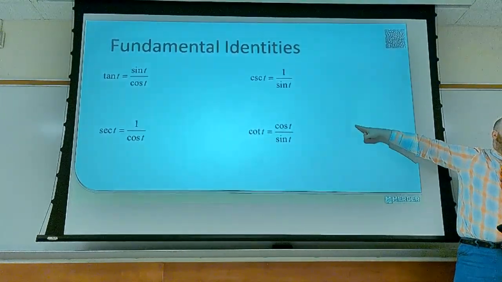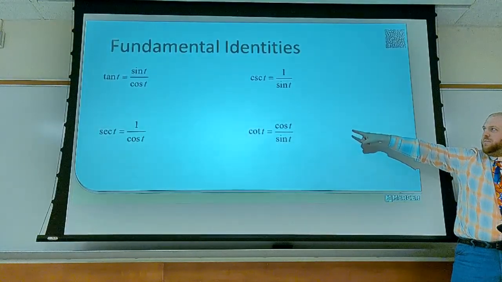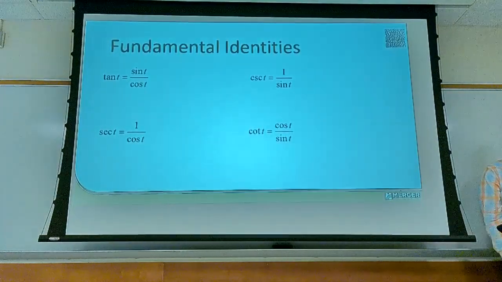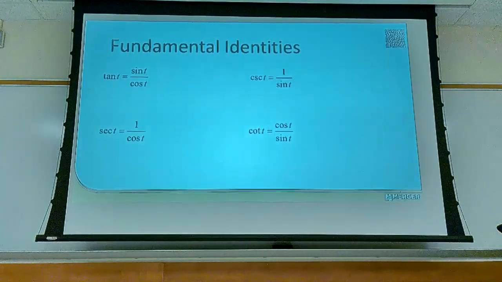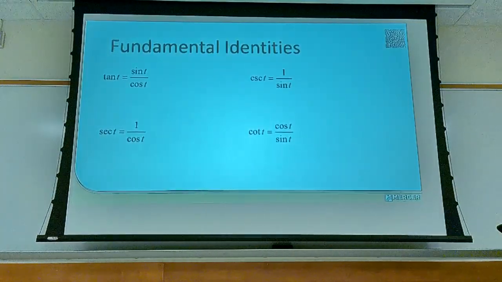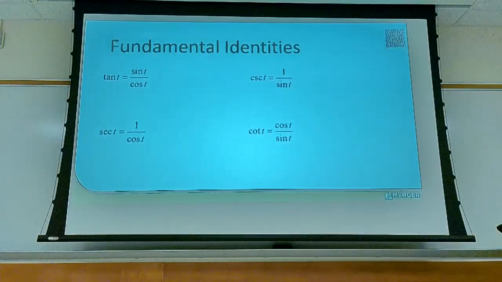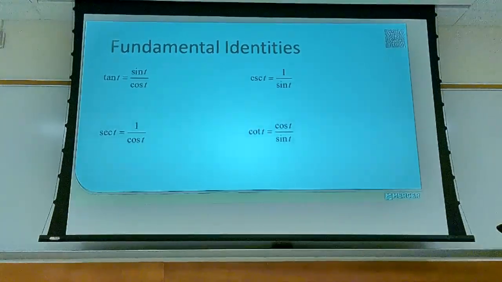They're all defined in terms of sines and cosines. So really, you just have to remember sine and cosine, and you get the other four. Which ultimately boils everything down to two trig functions out of the six, so all you need to remember is your sine and your cosine.